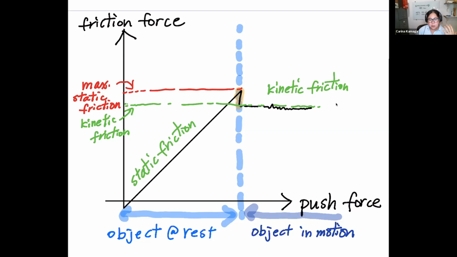The static friction is not constant. It changes depending on how much you push. But this maximum static friction is unique to those two materials. It only depends on those two materials at the normal force that's applied. Then, after passing that maximum static friction, it starts sliding and the friction force drops a little bit and becomes constant.